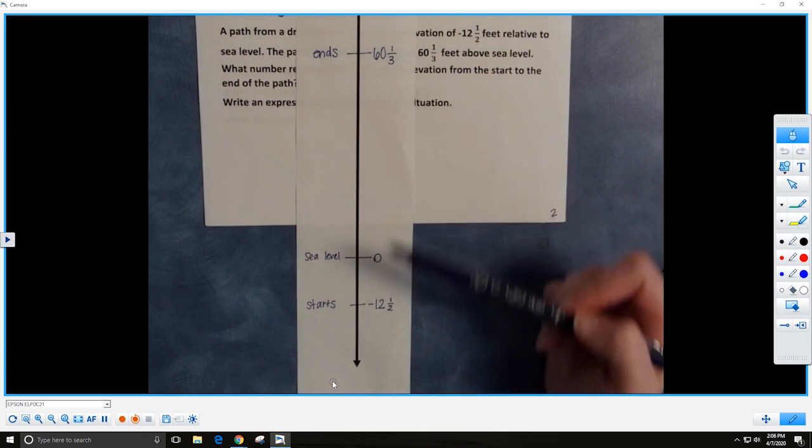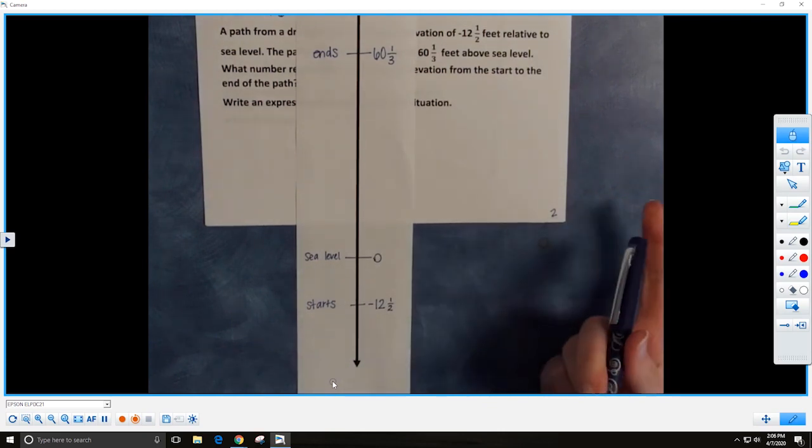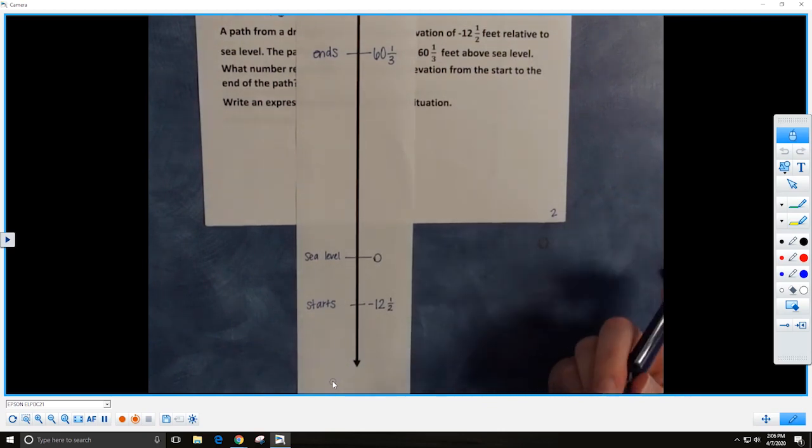Okay, so now that you have your number line, use the process that we walked through just a second ago to write yourself an expression for this situation, and I'll wait while you do that.